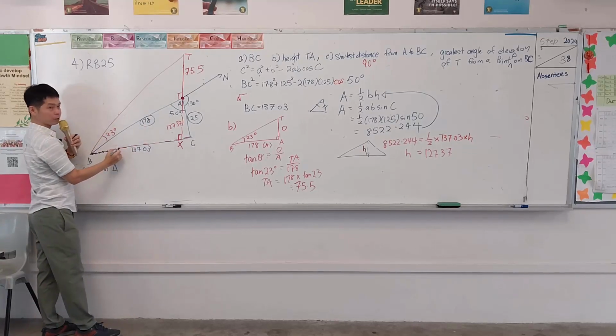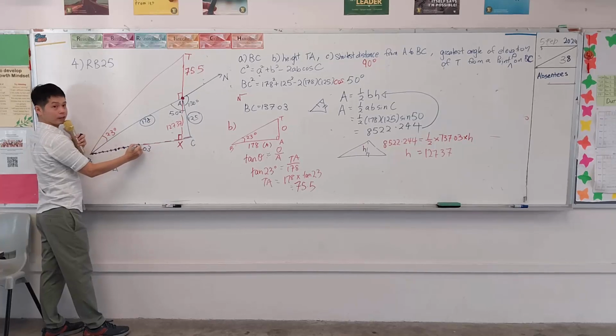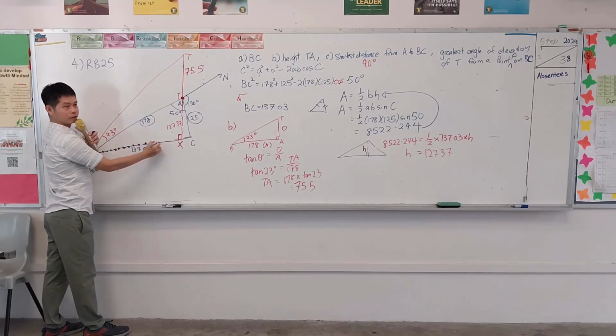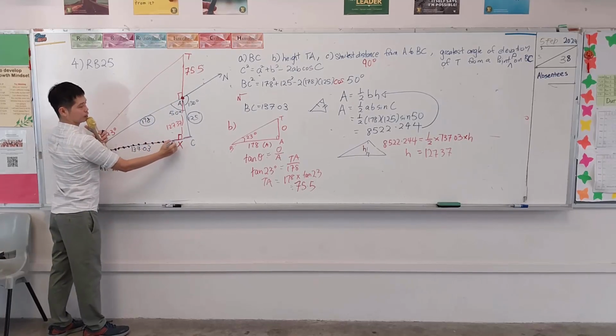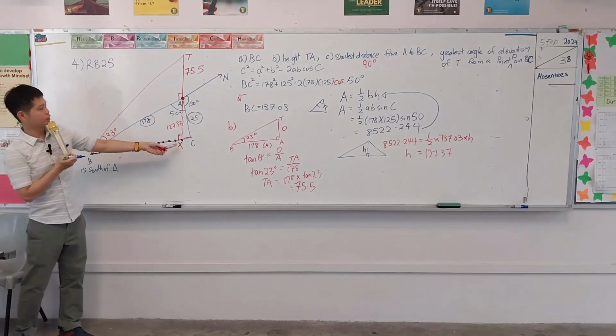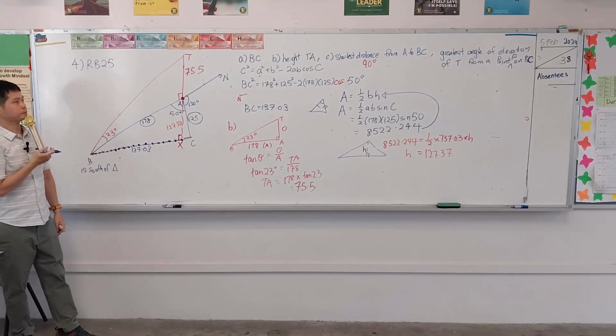Am I near the tower already? No, right? I will still keep walking until I'm very near the tower. Have I reached? Still not near enough. I still go some more. Then I reach nearest to the tower because I'm just vertically below the tower.